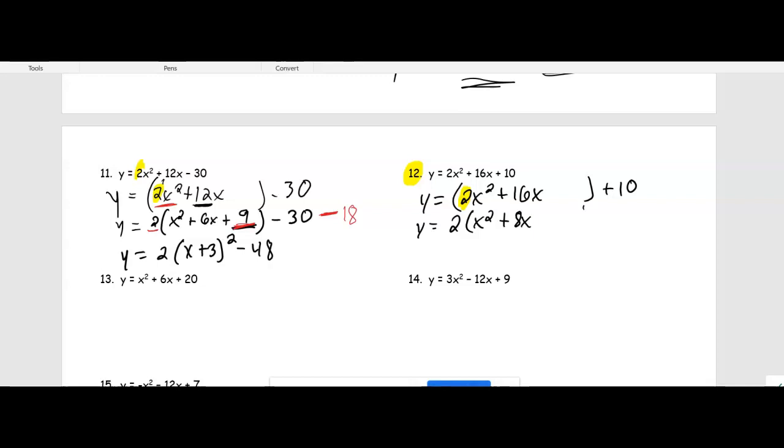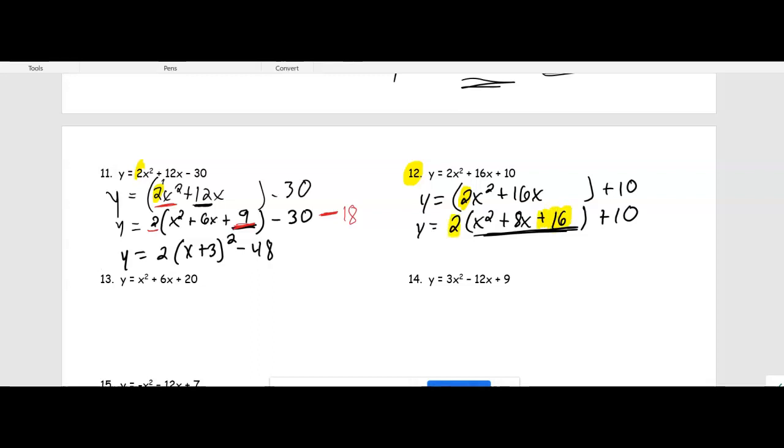Now from there, you're really just focusing in on right here. We want to make this a perfect square trinomial, something we've done plenty of. So what we should be adding here, you would take that 8, split that evenly to get 4, and then we would have a 4 and a 4 multiplied together to give us a 16. So notice how we just added 16, but we have 2 of those.